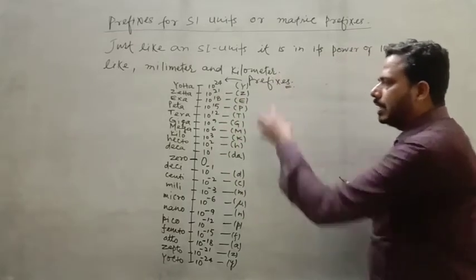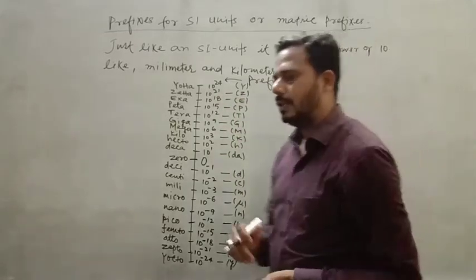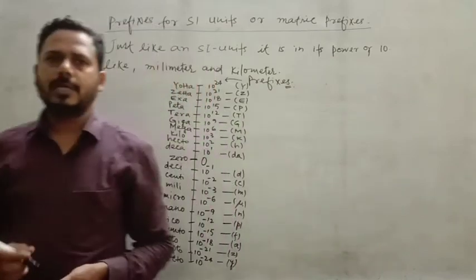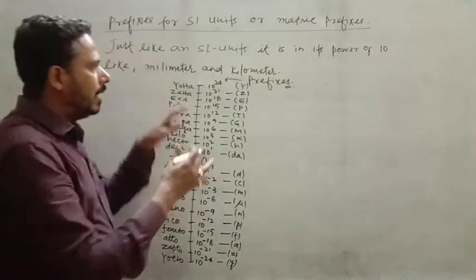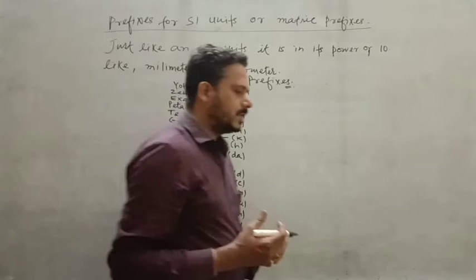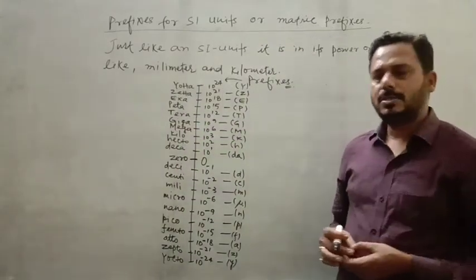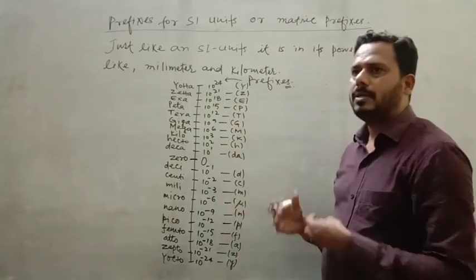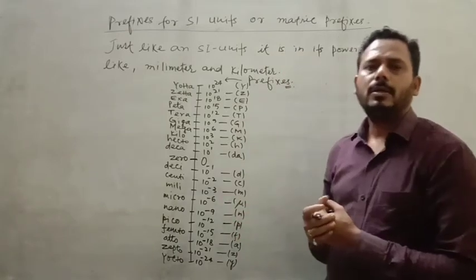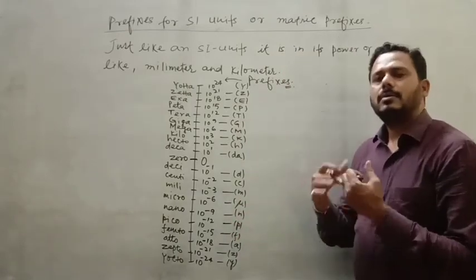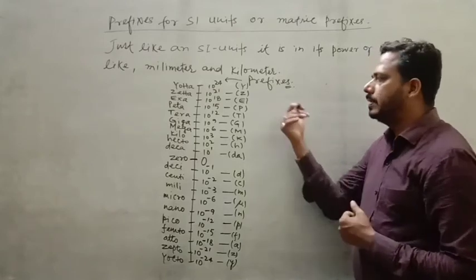So accordingly we will use all these before SI units. But apart from that, some SI prefixes are not mentioned here, but are very popular, so we will use them.